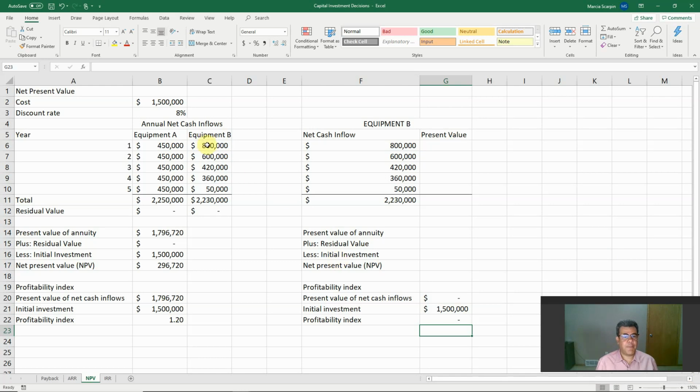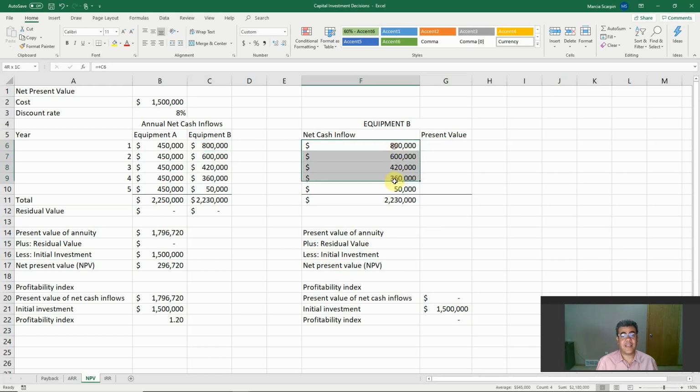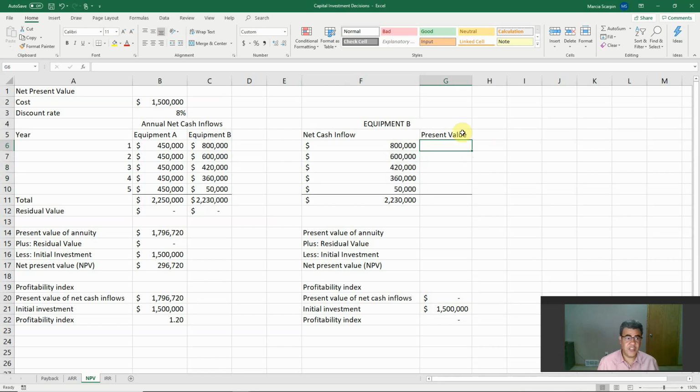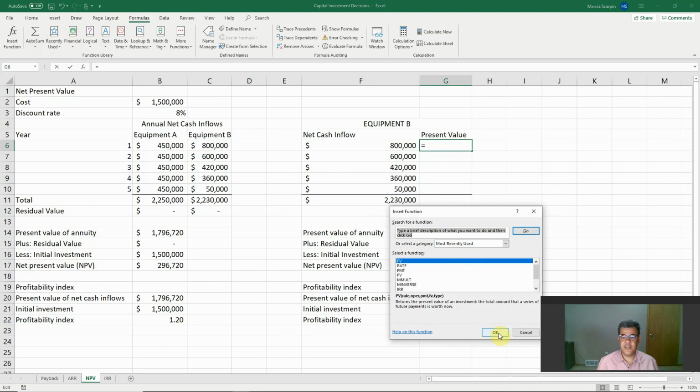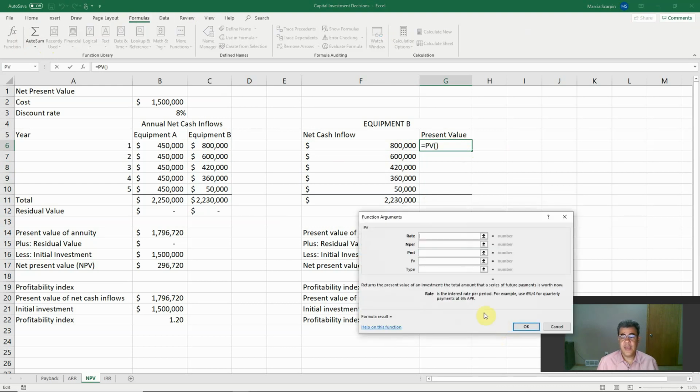For equipment B, we have a problem because we cannot use the present value of an annuity, since our net cash inflows are not the same. We have some tricky formulas here, but the easiest one is to consider all of these numbers as future values and bring them to the present value. Let's go to the formulas, function, most recently used, present value, and rate 8%.